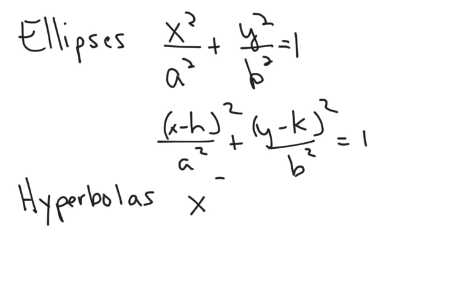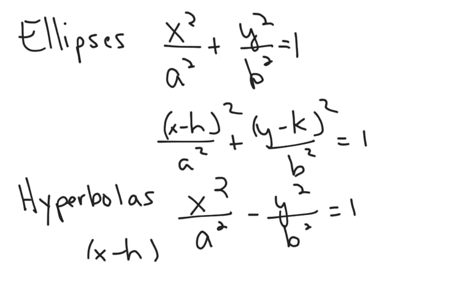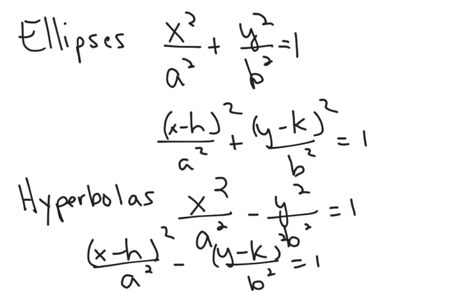So hyperbolas centered at the origin look like this, or the other way around if they open up and down instead of left or right. So if we're going to shift them, the center just shifts to h, k. Oops, not squared yet. b squared equals 1. So these are our shifted conics.